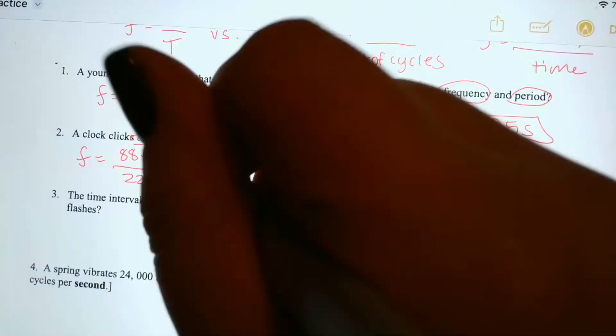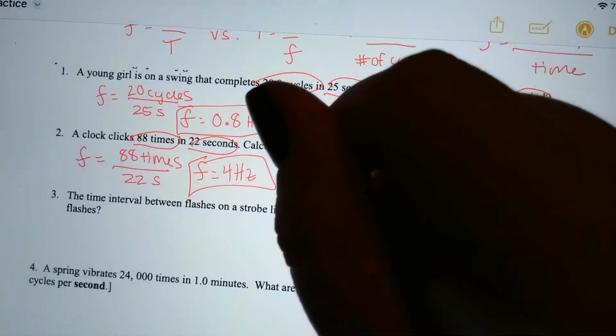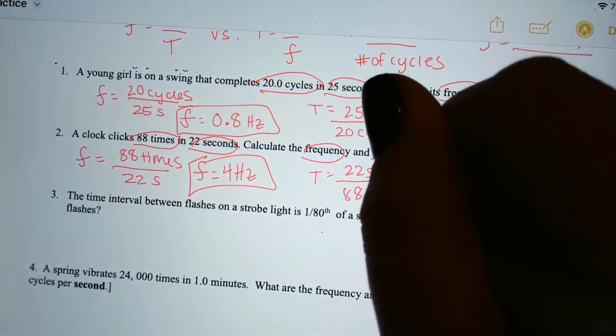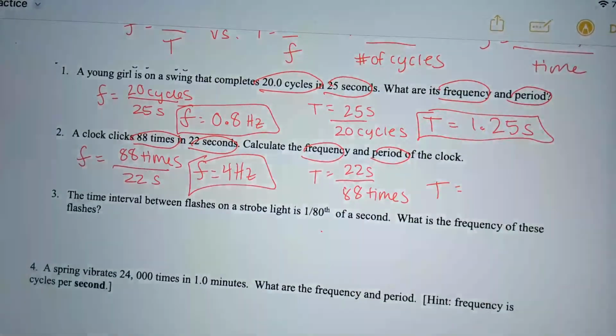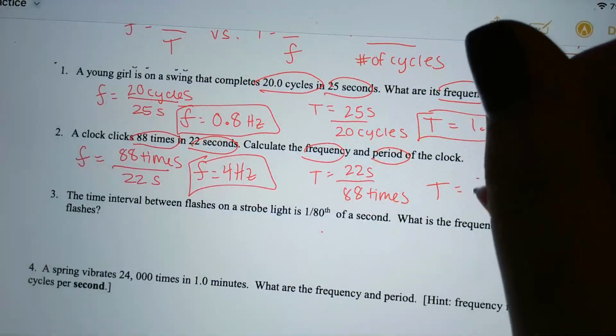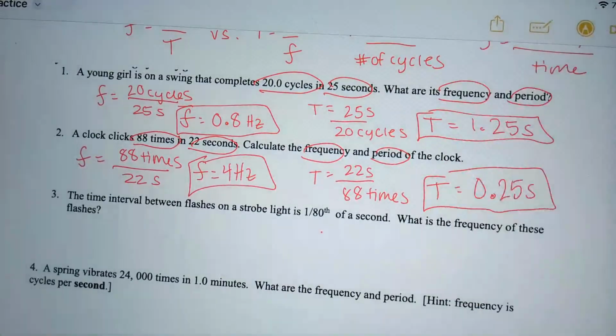It's going to be 4 hertz. And then the period will be 22 seconds over 88 times. So the period should be 1/4. So 22 divided by 88. And what do you know, we get 0.25. So 0.25 seconds.